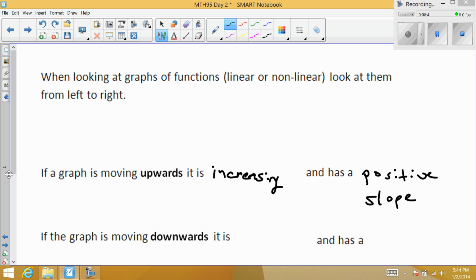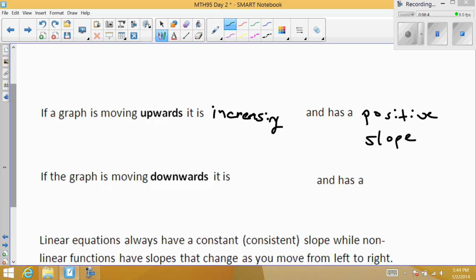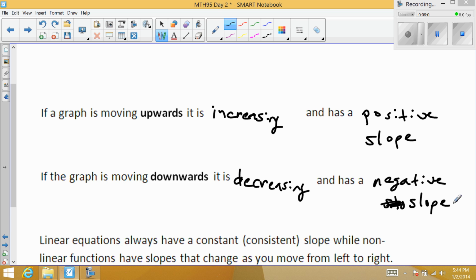If the graph's moving downwards, as we're looking at it from left to right, it's what we call a decreasing function. And it has a negative slope. Oops. There we go, slope.